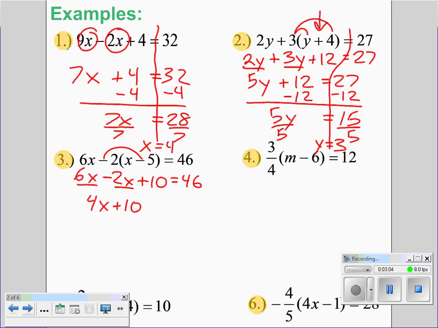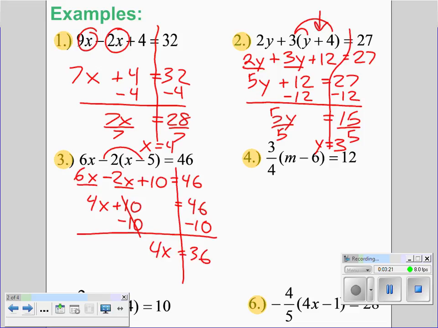I'm going to move this equal sign over and keep these aligned so we can see that. Next step, move the 10 over to the other side. Again, undo addition by subtraction. So the only thing left here, because those cancel out, we have 4x is equal to 36, divide by 4 both sides, and we get x is equal to 9.